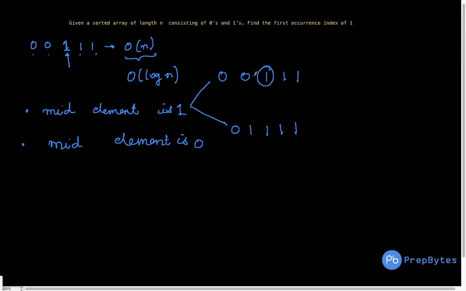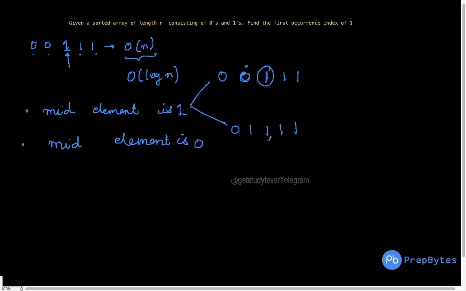So when my mid element is 1, I'll check if mid minus 1 is 0. That means this is the first occurrence of 1. I'll repeat, whenever I get 1, I'll check whether the previous element is 0. In that case, this is my answer, and I'll return the mid.